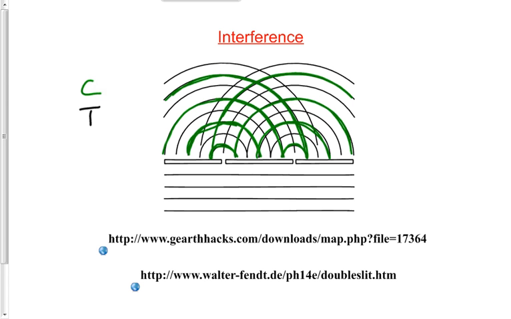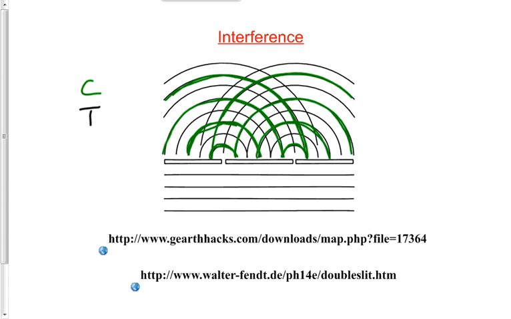What I want to do right now is identify in red the areas where we get constructive interference taking place. Where do we get constructive interference taking place? Well, we get constructive interference taking place where a crest meets a crest or a trough meets a trough. So everywhere where we see two green lines coming together, we're going to put a little red dot.